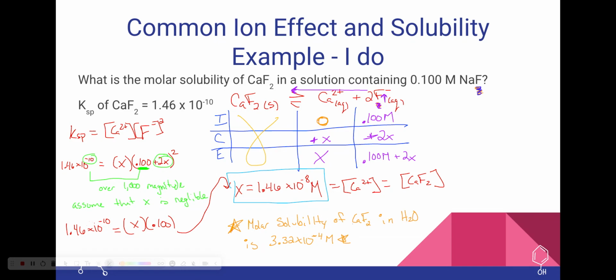Now, as you guys can see, when we put calcium fluoride in a salt solution containing a common ion, the molar solubility is in fact much, much less. That is the effect of having a common ion in solution.